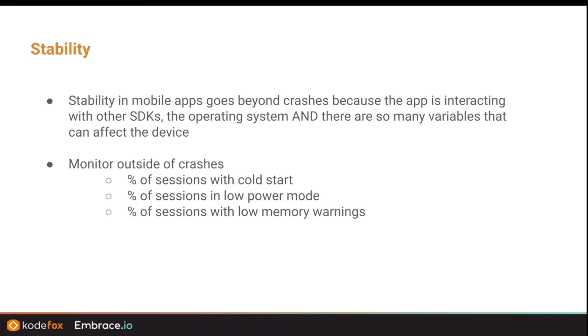And with Apple, for example, there are rules in place for best practices, and the operating system may kill your app if you are not following these best practices. So for example, if you are using too much memory and the operating system doesn't like it, it can kill your app. Will it produce a crash report?